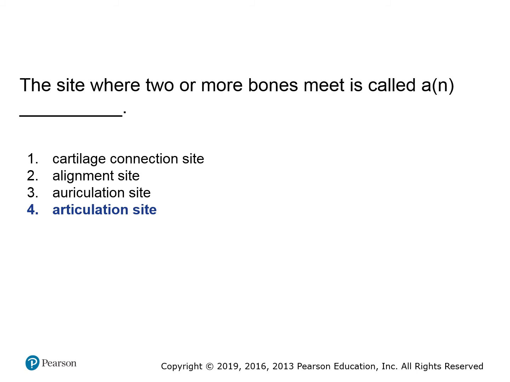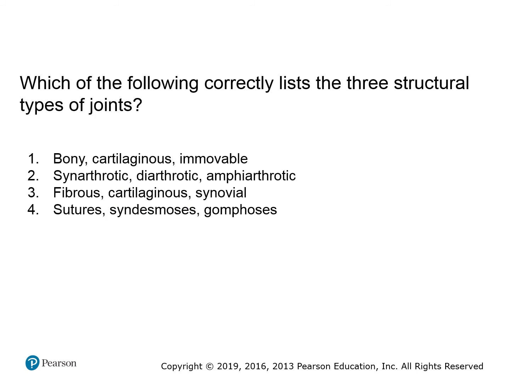Here's another one. Which of the following correctly lists the 3 structural types of joints? Is it number 1, bony, cartilaginous, immovable? Number 2, synarthrotic, diarthrotic, amphiarthrotic. Number 3, fibrous, cartilaginous, synovial.